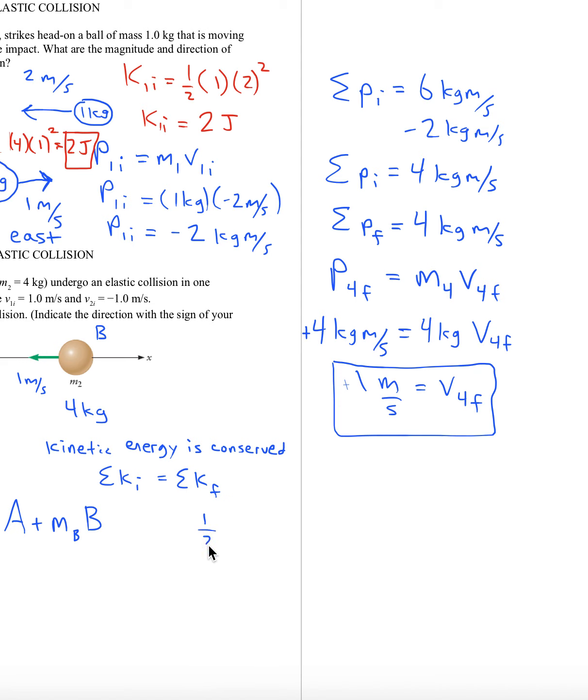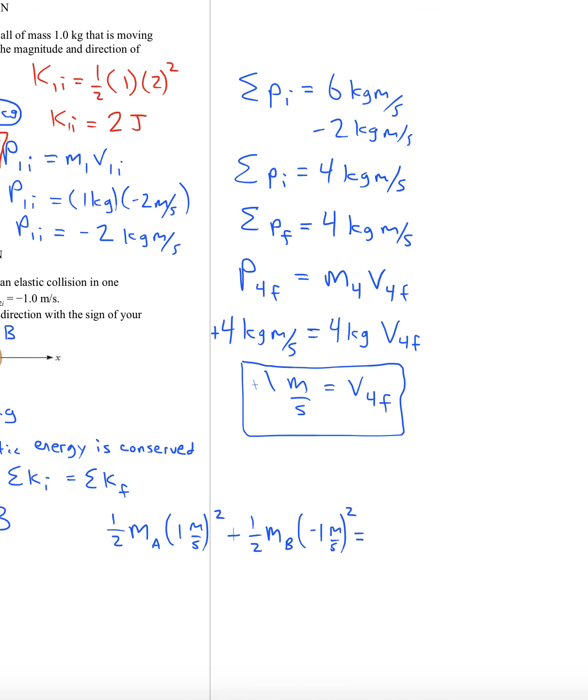It's going to be 1/2 m_A times 1 meter per second squared. This is just the kinetic energy formula for both balls. Okay, that's the initial.